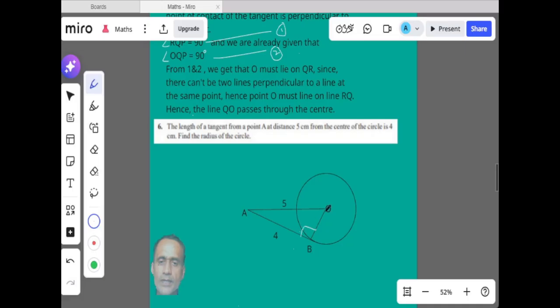So this line OB is perpendicular to AB by the theorem. So in triangle OAB, angle B is 90 degrees, and this is our hypotenuse, and the rest are the two other sides.